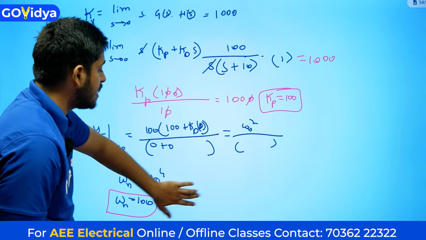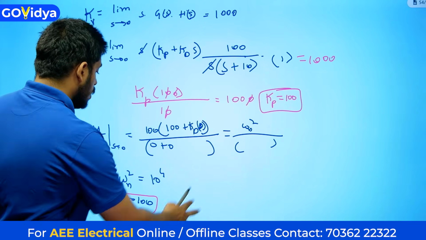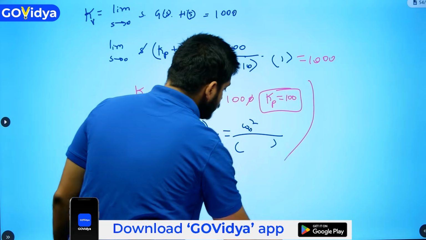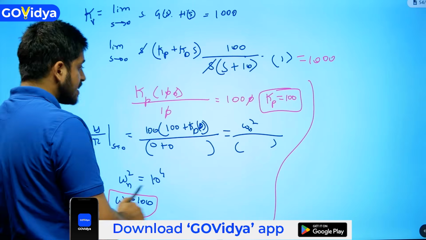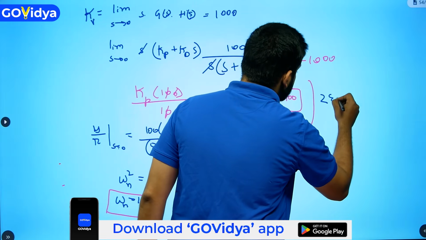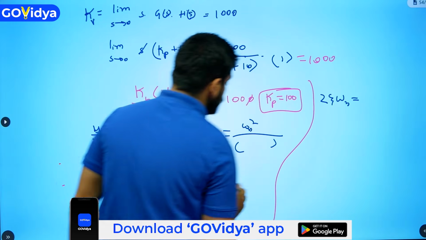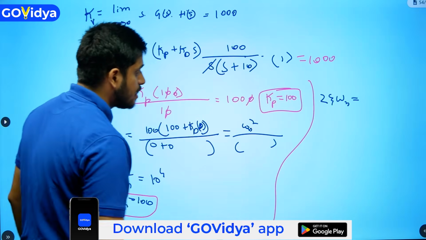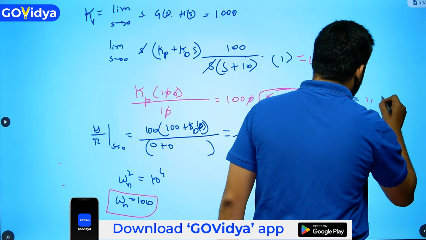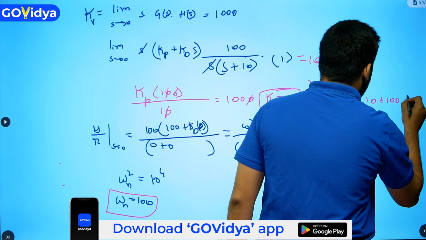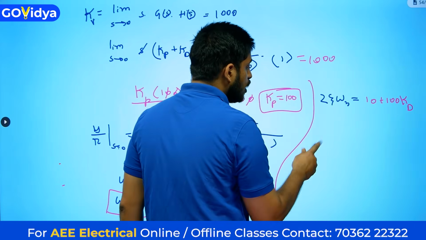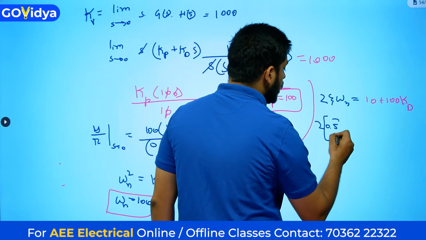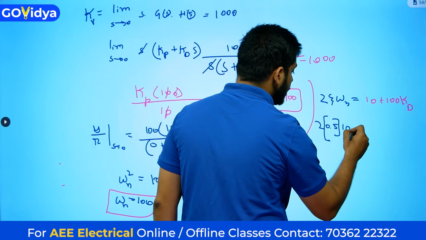Now what do we need? We need to find the value of KD. So in KD, we can observe from the equation, 2 zeta omega n is equal to 10 plus 100 KD. What is the value of zeta? 2 into zeta is 0.5, and what is the value of omega n? 100.